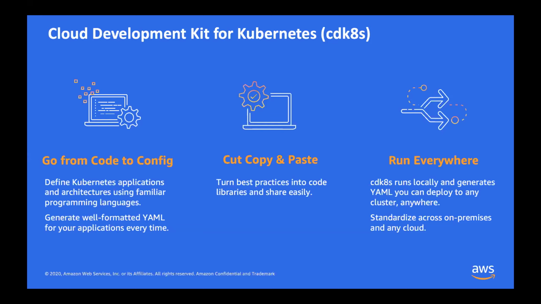This lets you effectively reduce or completely eliminate the need to copy and paste a template, to do what a lot of folks refer to as YAML engineering. Using cdk8s, you can turn the best practices for how you define your Kubernetes clusters and applications into code libraries and share them easily with your teammates across your organization or in the larger community.